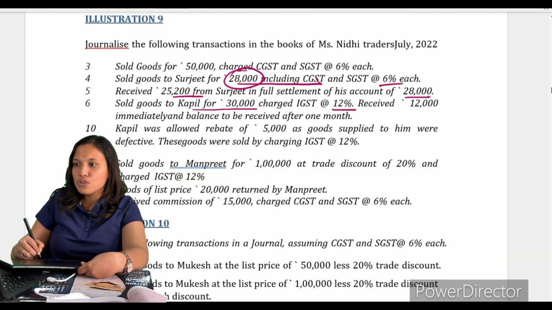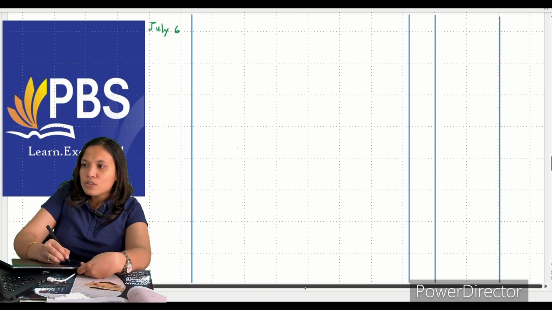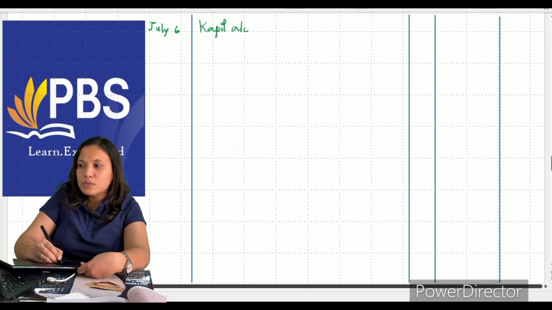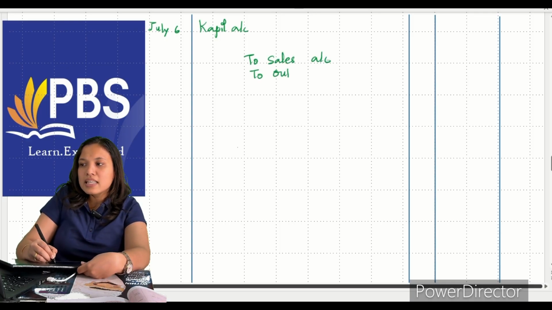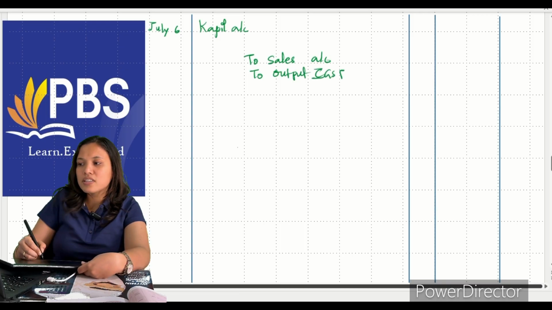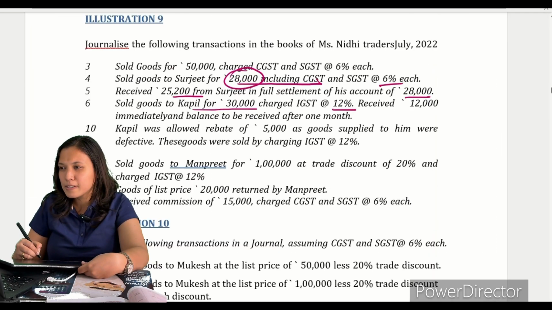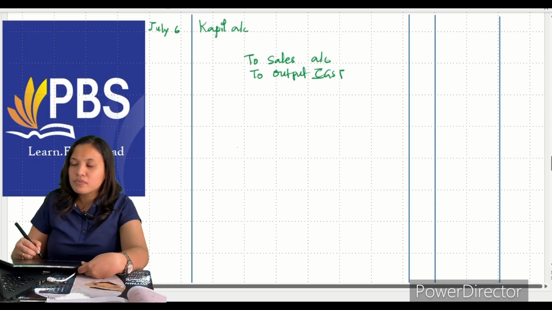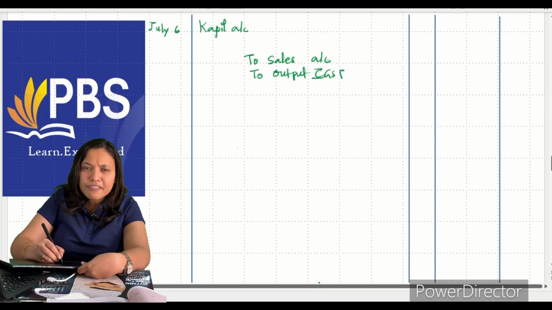Sold goods to Kapil. So Kapil account to sales account, to output IGST, because here only IGST is given, not CGST. Now, why have I left space here?